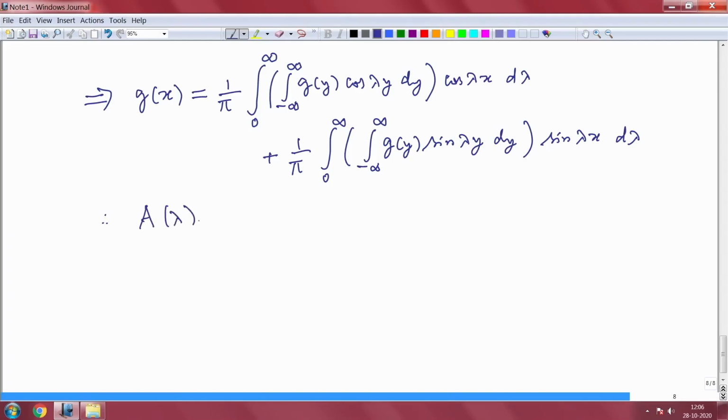You get a lambda is equal to 1 by pi integral from minus infinity to infinity g of y cosine of lambda y dy, and b lambda is the same with sine lambda y.